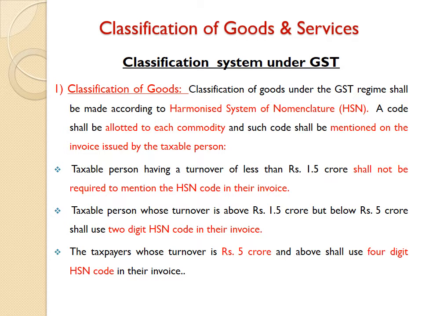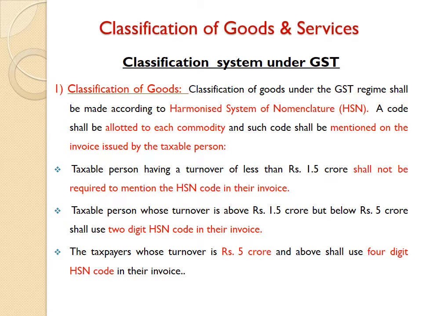But a taxable person whose turnover is above 1.5 crore but below 5 crore shall use a 2-digit HSN code in their invoice.